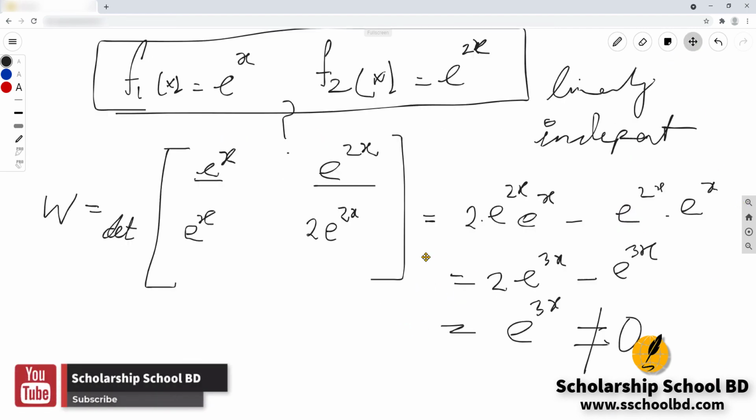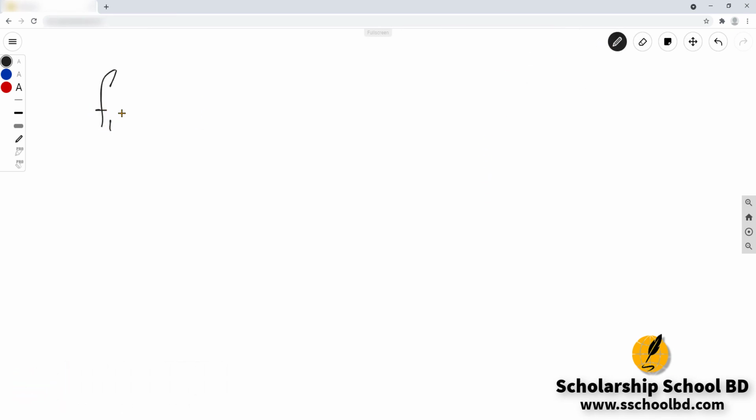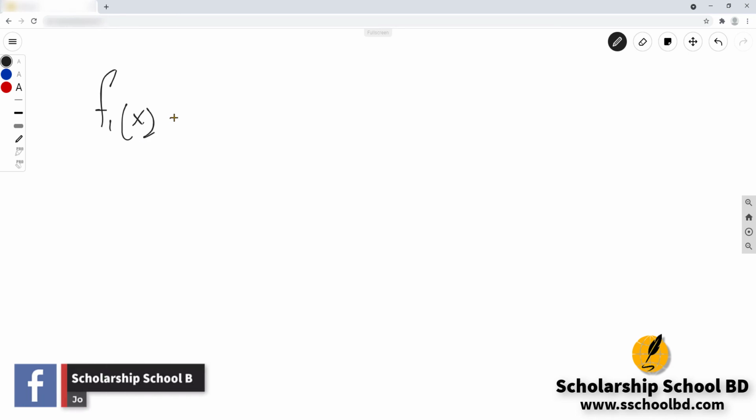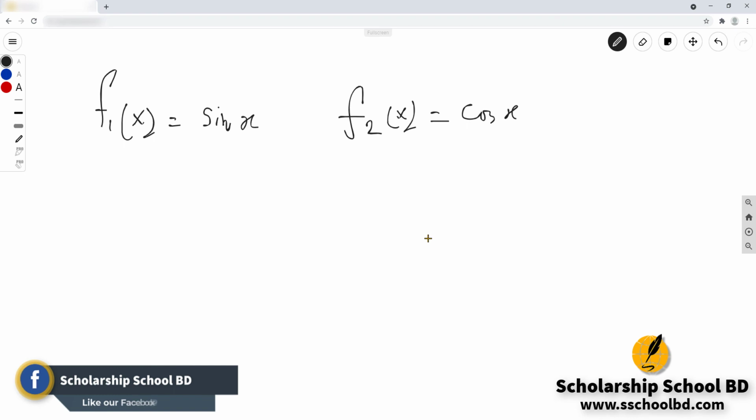Now, let me give another, very simple example. Let's say this time f1 is equal to sine x, and f2 is equal to cos x. What do you think? Are they linearly dependent or independent? Well, let's check.